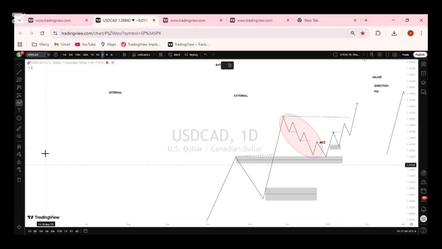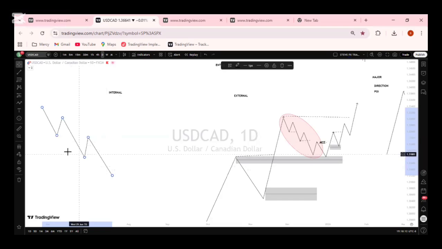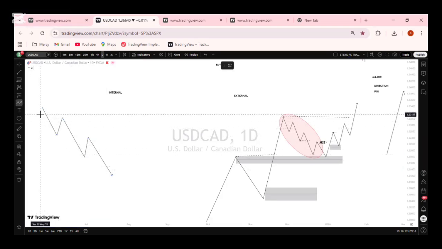what we will be saying is, let's say we have external structures. This is our external structures from 4 hour to 15 minutes, or 4 hour to 5 minutes, and we are getting our external structures formation within this particular swing, this particular structure.